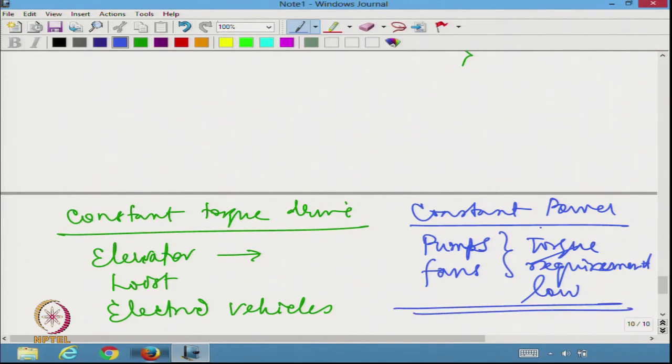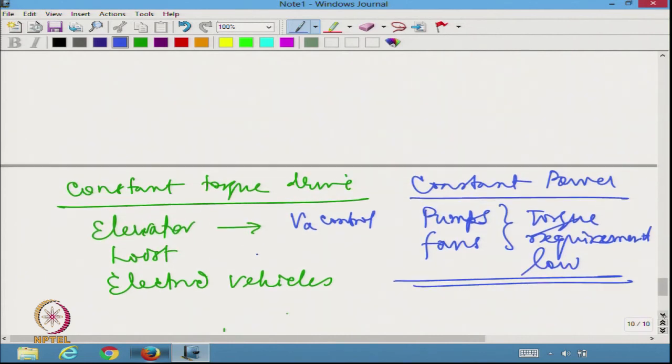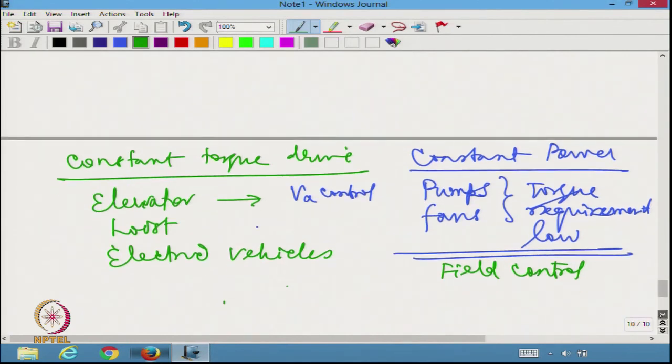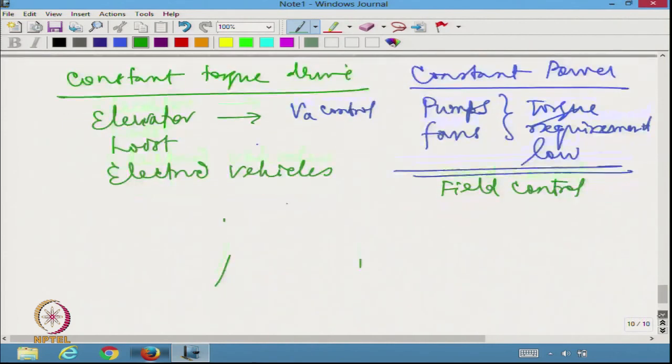So, here field control may be used, whereas here armature control will be used. So, VA control is used in this case, whereas I am going to have armature control, field control used in this case, right. So, these are the major two things as far as the armature control and field control are there.